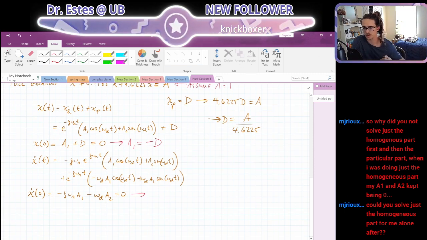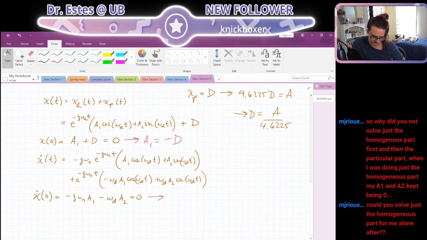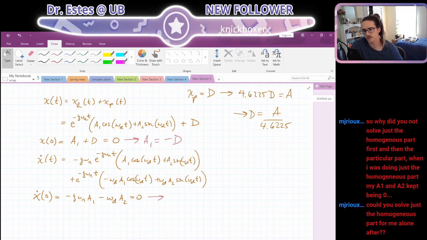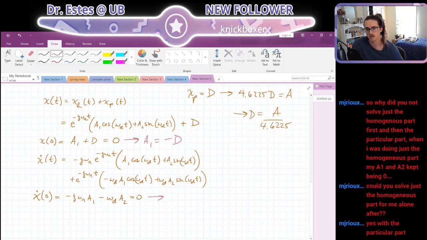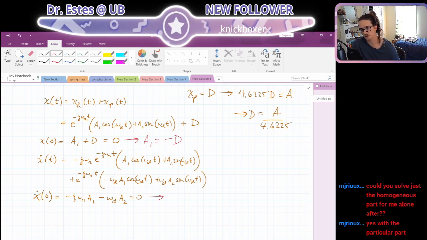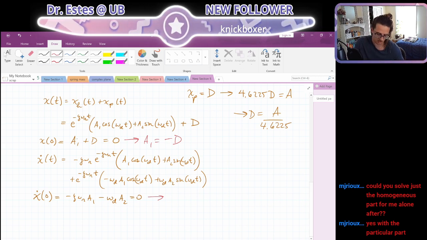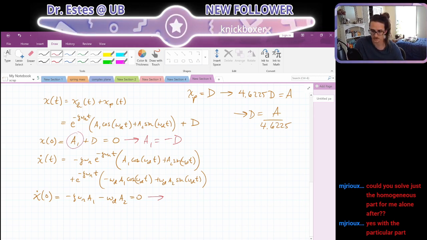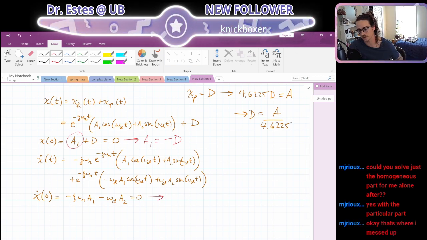But I'm solving the homogeneous part right here, and I'm not getting coefficients to be 0. Oh, I see, because you need this particular piece. You need it with the particular. Because, yeah, you will get 0 if you solve for these coefficients, a1 and a2, and assume the initial conditions are 0.